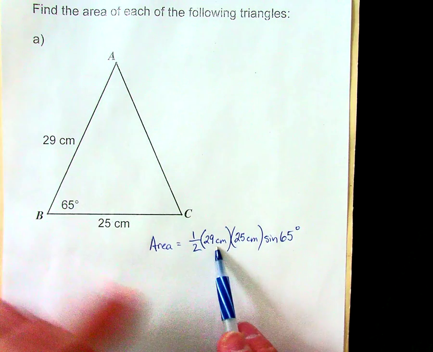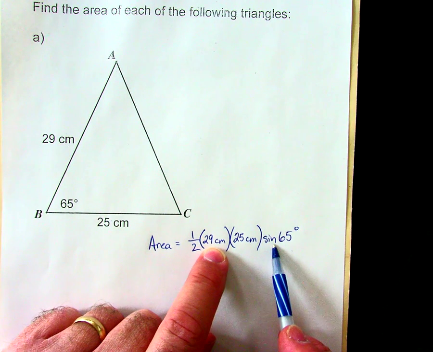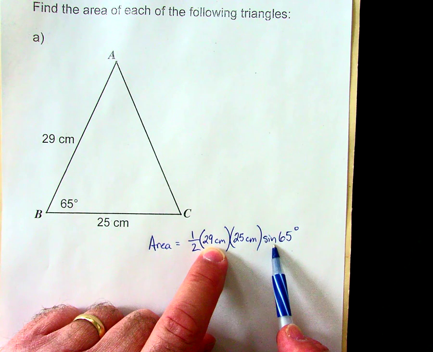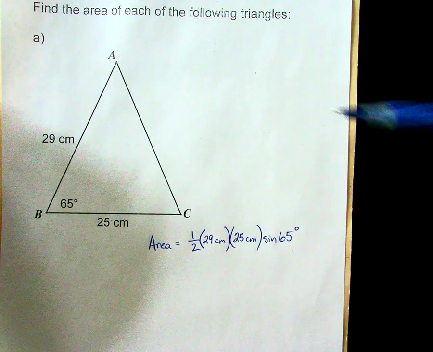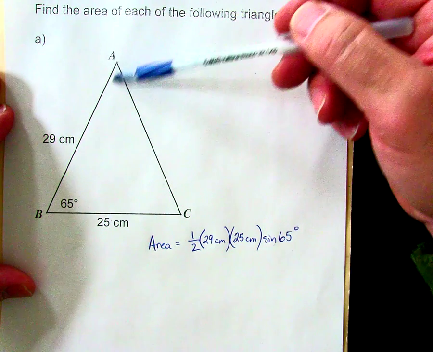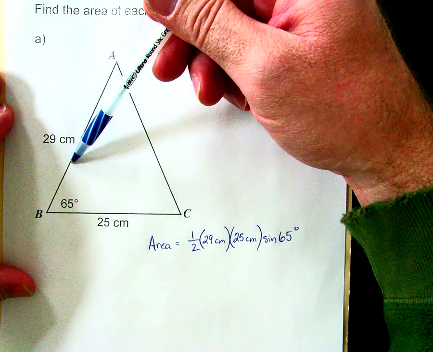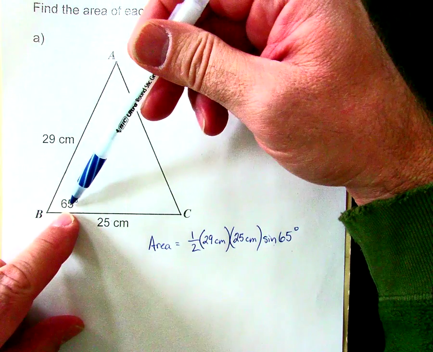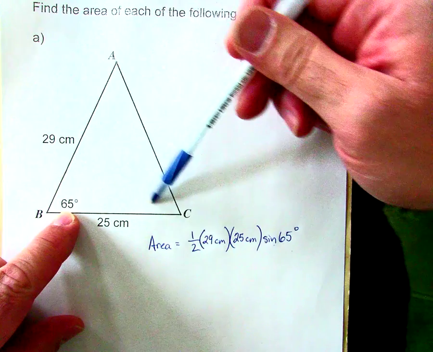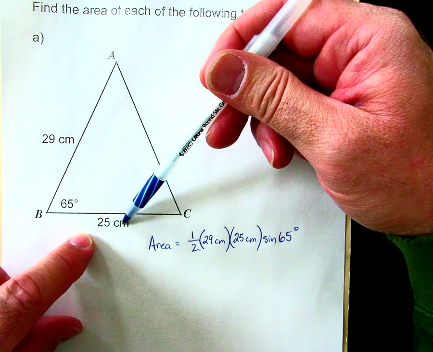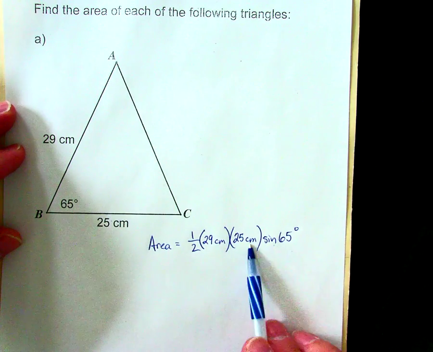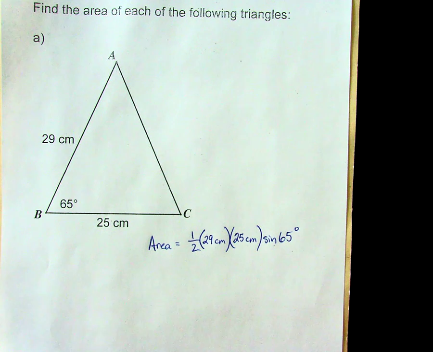So that's where those two measures multiplied are the same as the height. Or if I thought about this side as being the base, then for the altitude to that side, I'd have a right triangle. Sine of 65 degrees would equal the altitude divided by 25 centimeters. This would take the place of the height.